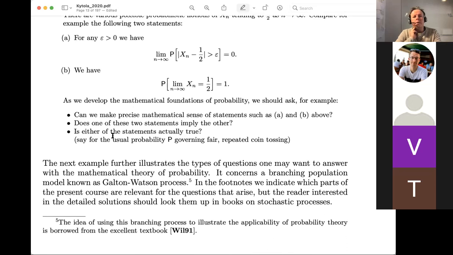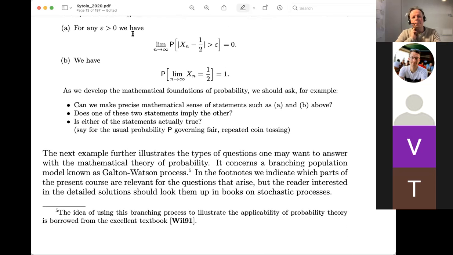And we could ask about this sense of convergence, that the fraction of heads among the first n coin flips, intuitively, we expect should be close to 1/2. In the long run, 1/2 of the coins should be heads and 1/2 tails, so the difference from 1/2 should be close to 0.